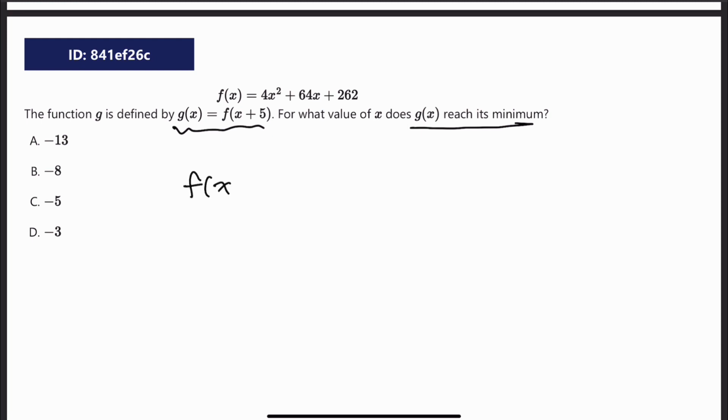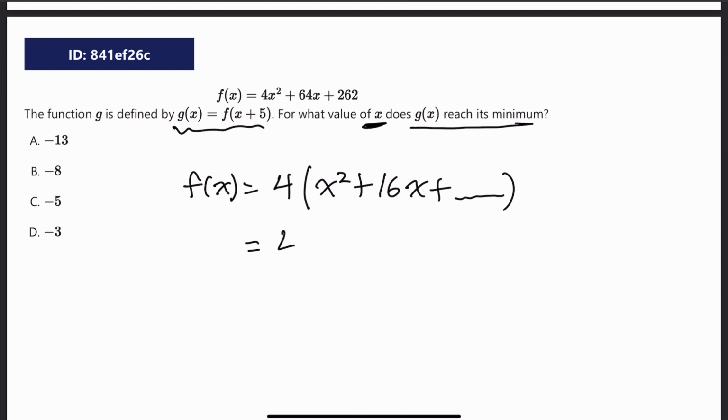So f(x) could also be written as 4x squared plus 16x plus, okay, this 262 is not divisible by 4, but it doesn't really matter in this case because we're finding the value of x and not the y value, like what is the minimum. So we could just leave this blank, and you'll see why it doesn't matter in a few minutes.